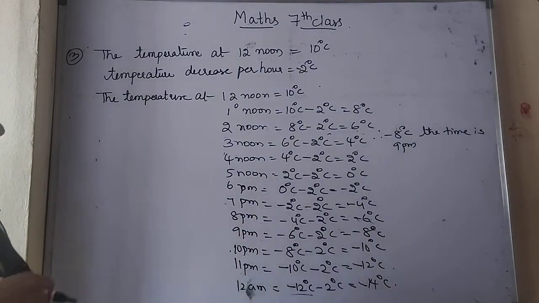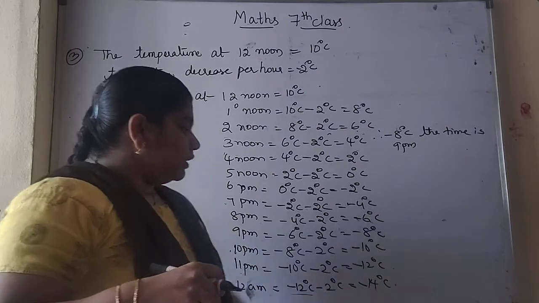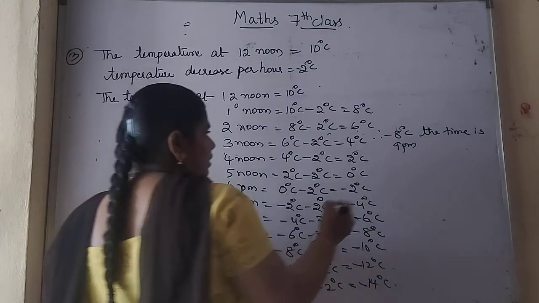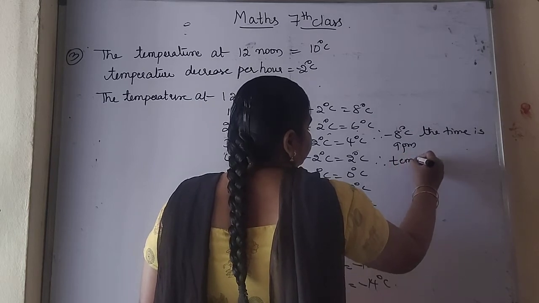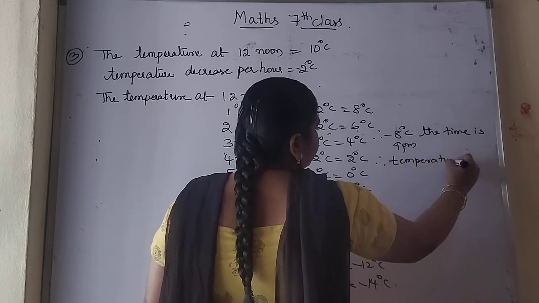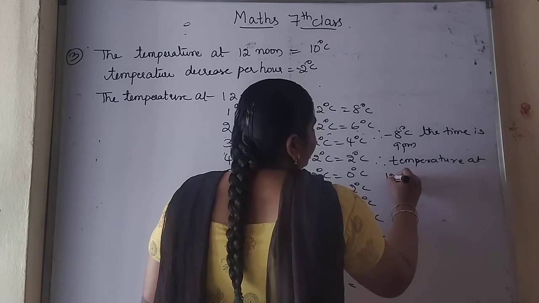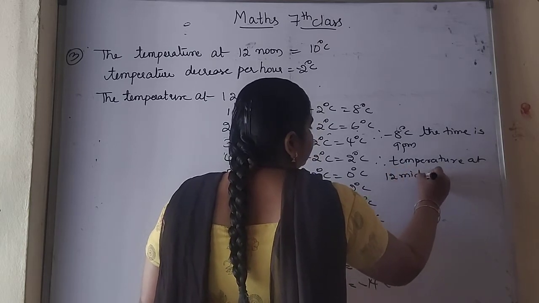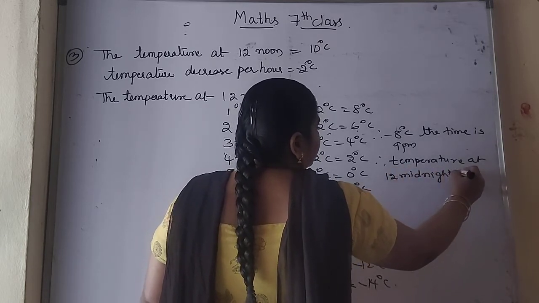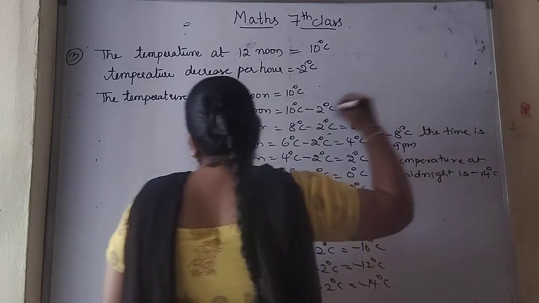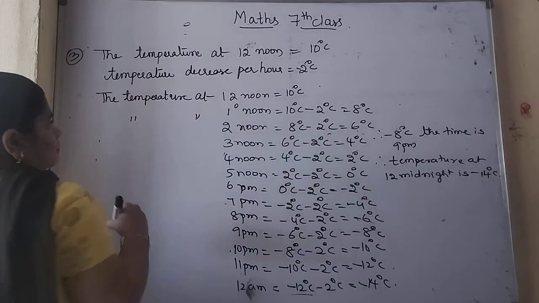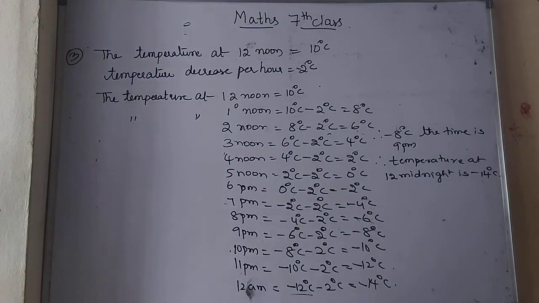So at 12 midnight, the temperature is minus 14 degrees Celsius. So this is our third solution. Next is the fourth one.